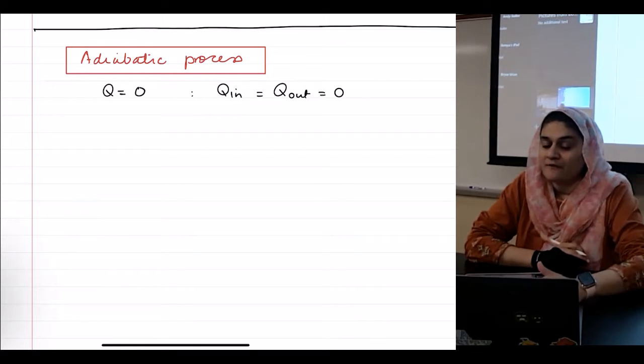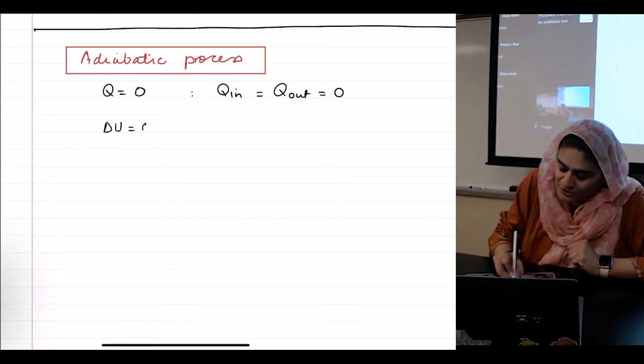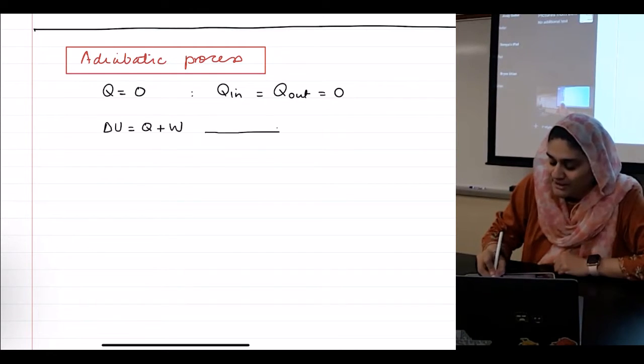So from the first law of thermodynamics, which said delta U equals Q plus W, what may I write for an adiabatic process?